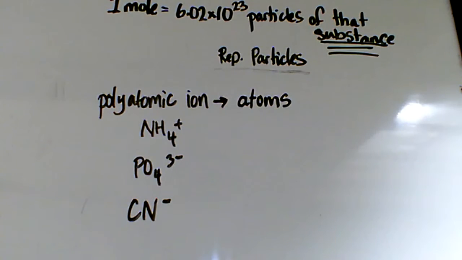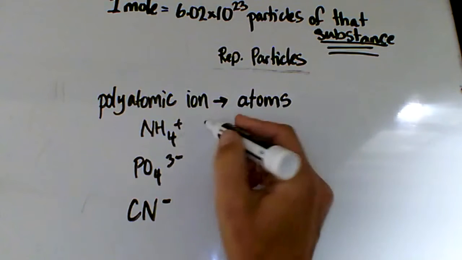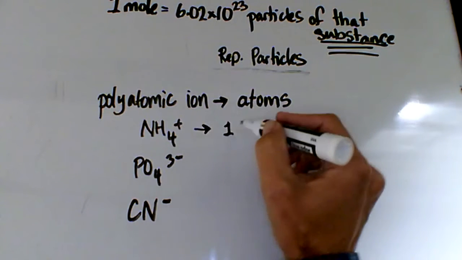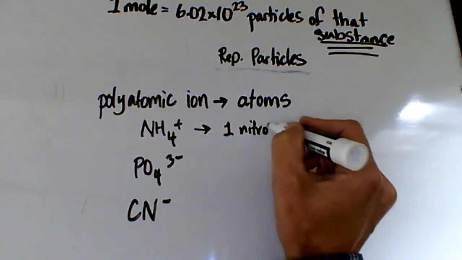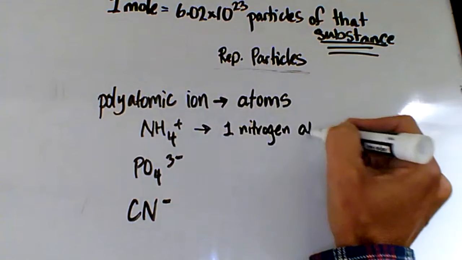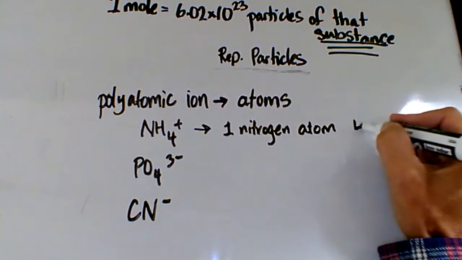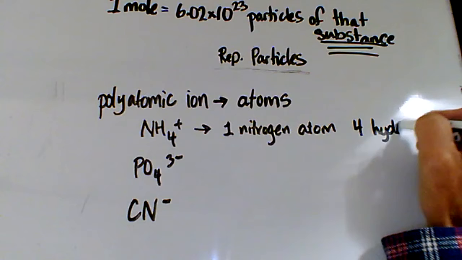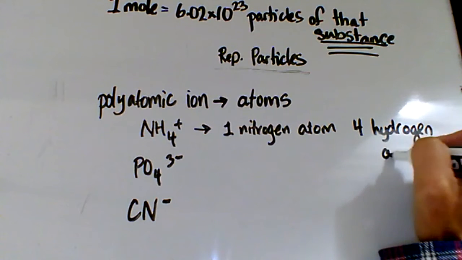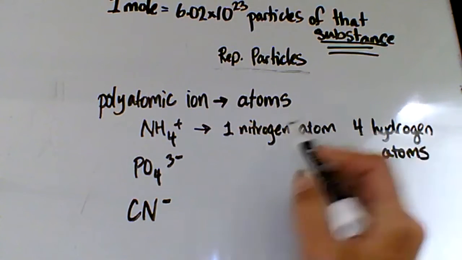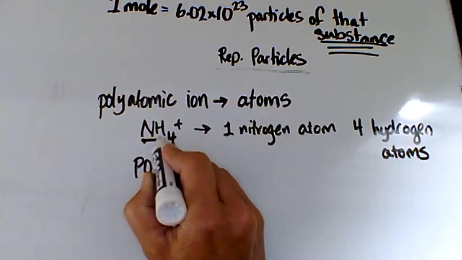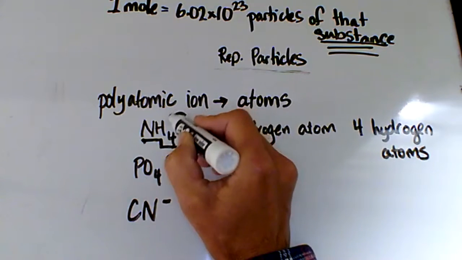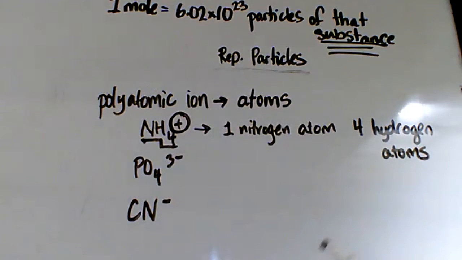They are not composed of ions. In here, I have one nitrogen atom, and I have 4 hydrogen atoms. Okay, and they are chemically bonded together, and they have lost an electron.